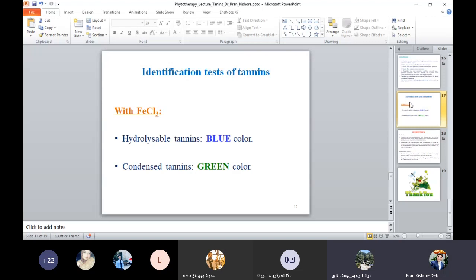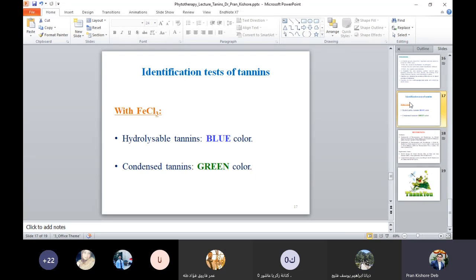Two examples of phenolic acid. Molecular weight: hydrolyzable tannins are under 500, so they generally have low molecular weight. Condensed tannins have higher molecular weight, but they are polymer in nature, right? They can be a big structure with 50 monomer units.